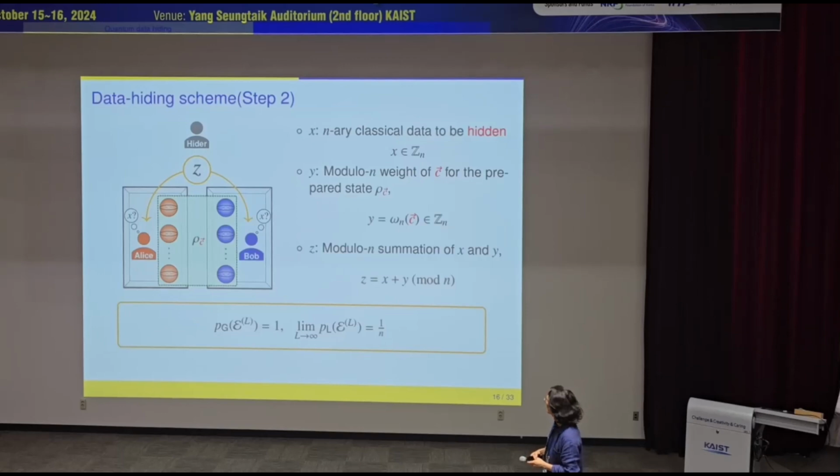After the state discrimination, they can guess what X is, so there is already some randomness. In order to know X, they need to know Z in advance, which is announced by Hyder.